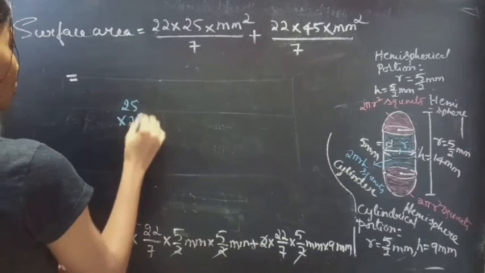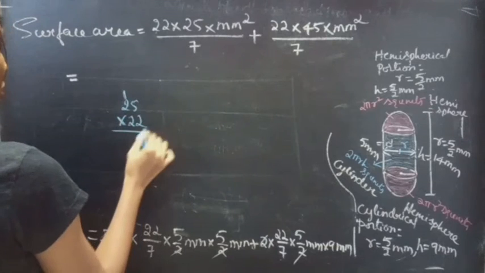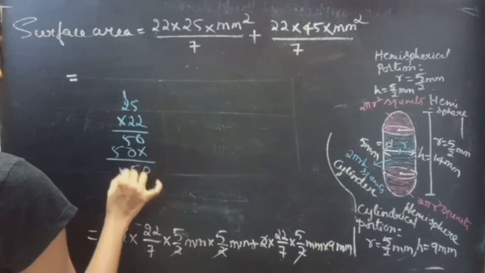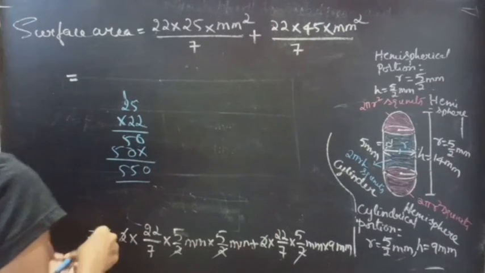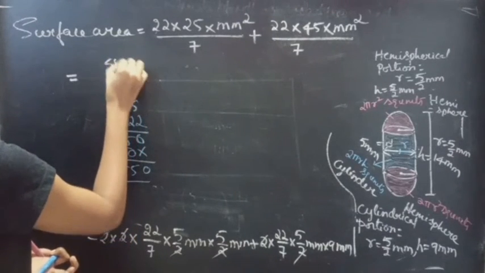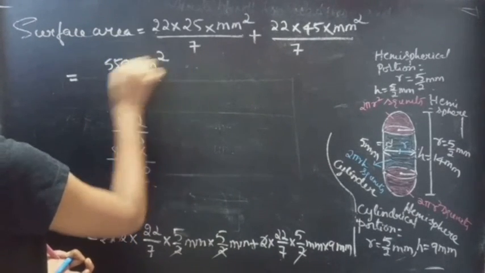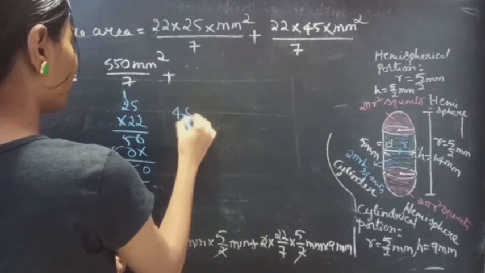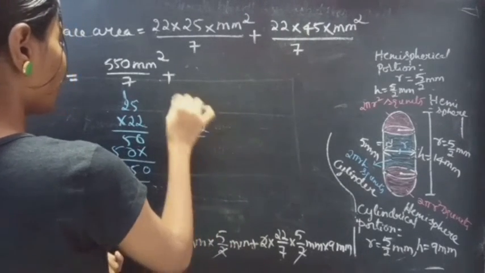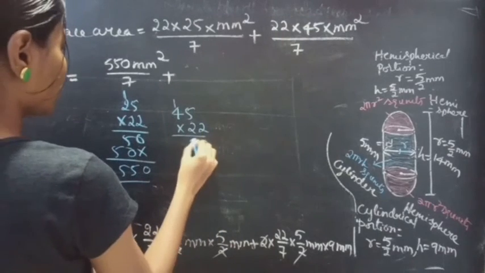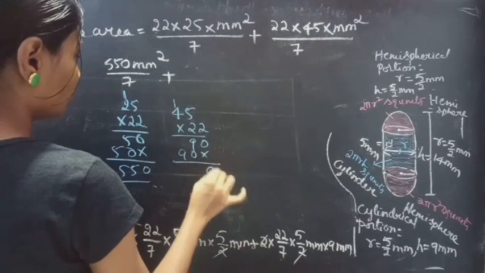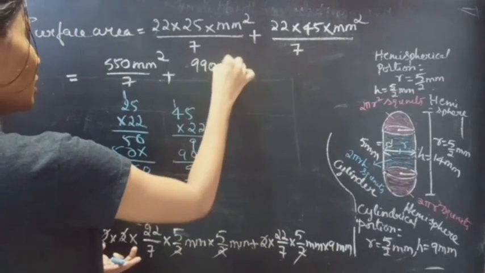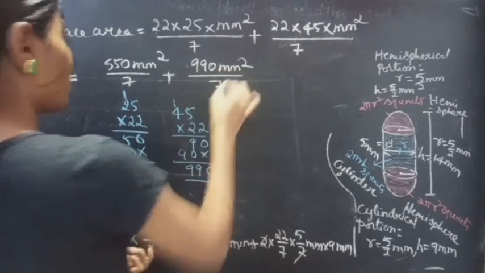So this equals 25 into 22: 2 fives are 10, 2 twos are 4, 5, so 550 mm square by 7, plus 45 into 22: 2 fives are 10, 2 fours are 8, 8 plus 1, 9, so 990 mm square by 7.